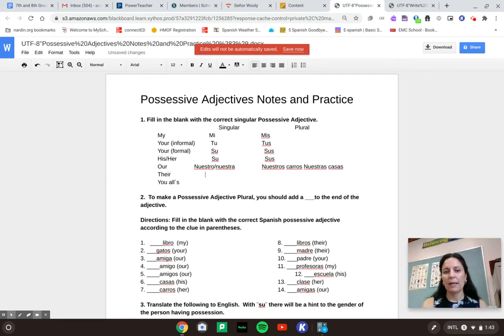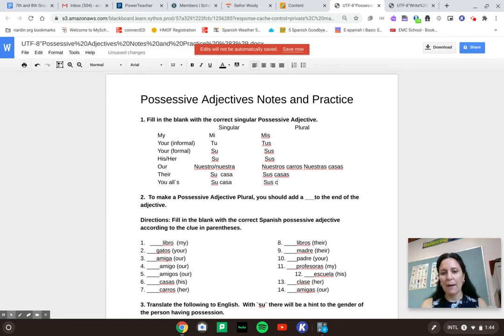If it were a boy or a girl or together and you say their house, it would be su casa. And then if it were their houses, it would be sus casas. So remember, su and sus can mean different things. And then y'all is either going to be su casa or sus casas, same thing.